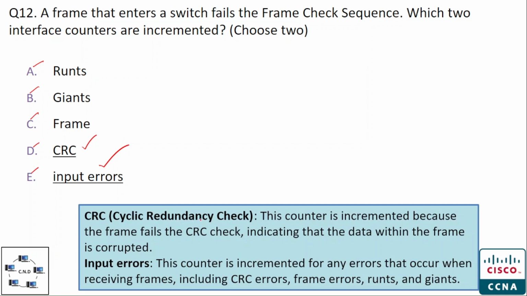So CRC, cyclic redundancy check, this counter is incremented because the frame failed the CRC check, indicating that the data within the frame is corrupted. Input errors, this counter is incremented for any errors that occur when receiving frames, including CRC errors, frame errors, runts, and giants.